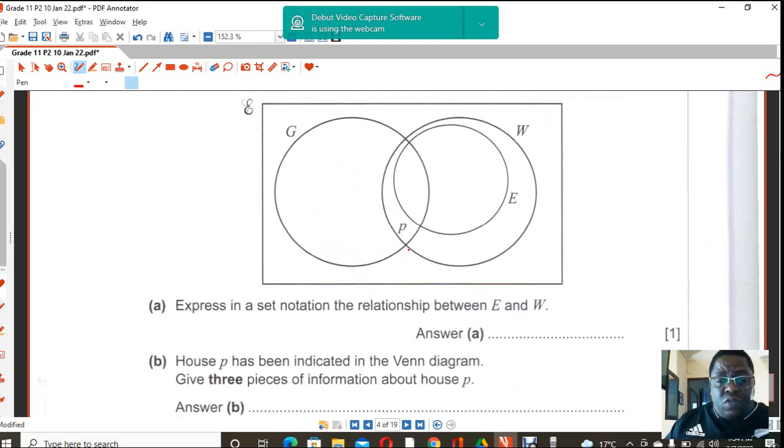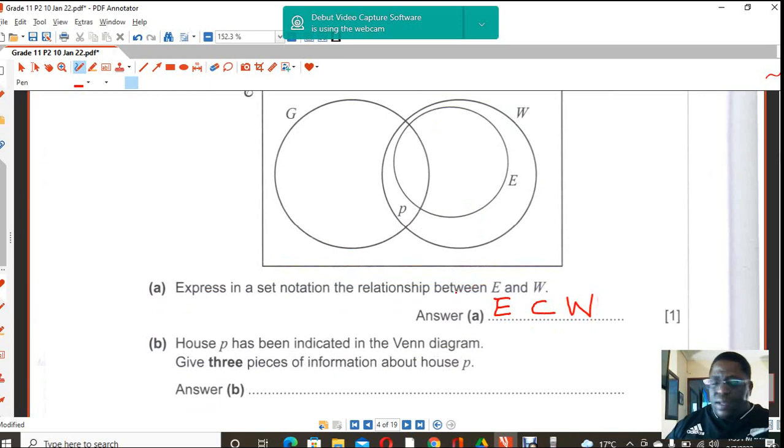Anyway, expressed in set notation, the relationship between E and W. Every element of E is also an element of W, but W has more elements than E. In such case, we say E is a proper subset of W. Every element of E is also an element of W, but W has more elements than E. Not exactly the same.